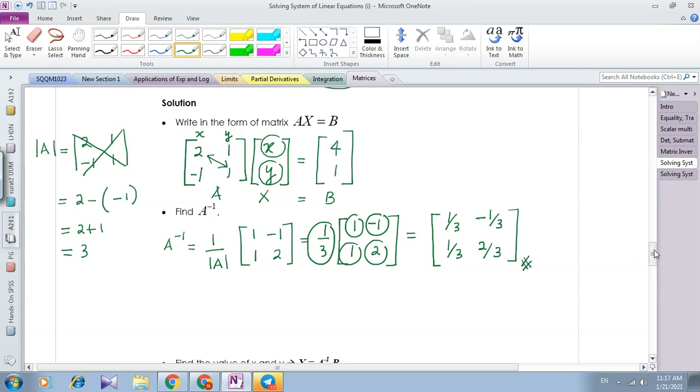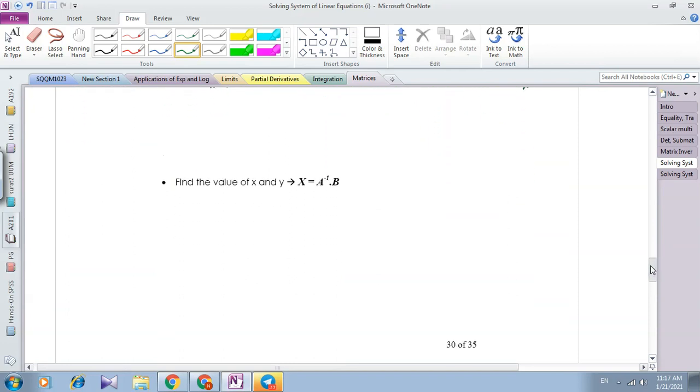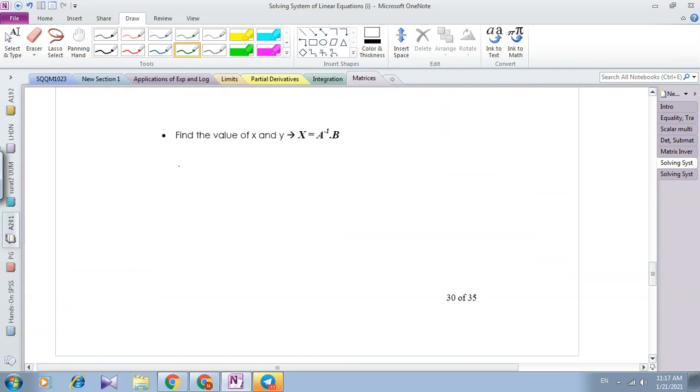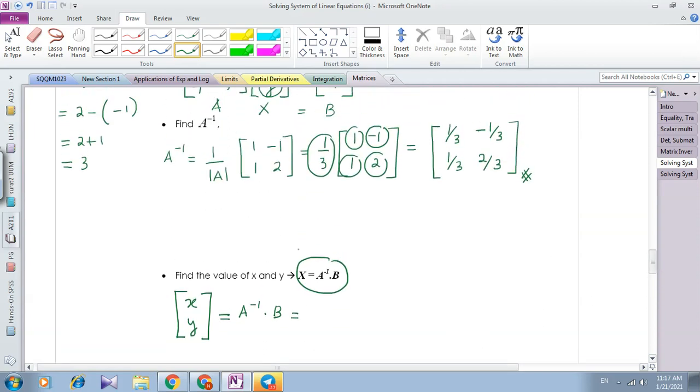Then to find the value of x and y, you can write x, y, the variables that you are going to solve for, equals A inverse times B. What is A inverse? Whatever you have found out here: 1 over 3, -1 over 3, 1 over 3, and 2 over 3.